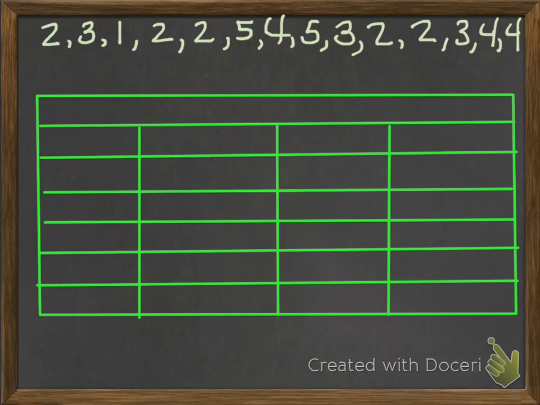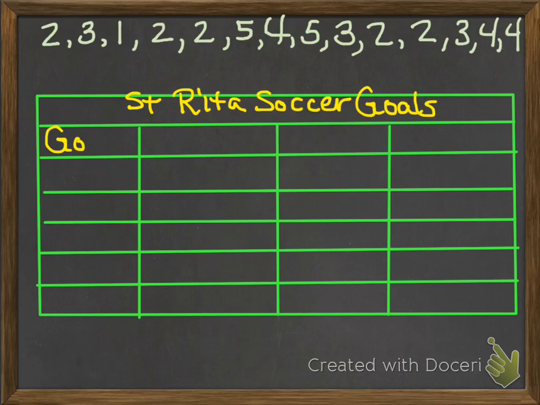I'm going to start off by drawing a chart, and I'm going to title my chart. These are St. Rita soccer goals. The first column in my chart is going to be the number of goals. The second column in my chart is going to be my tally. The third column is going to be my frequency.